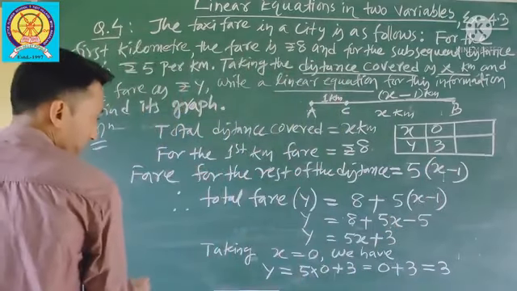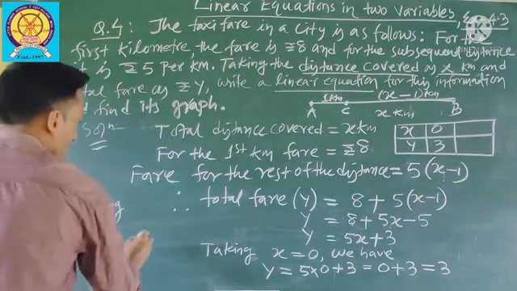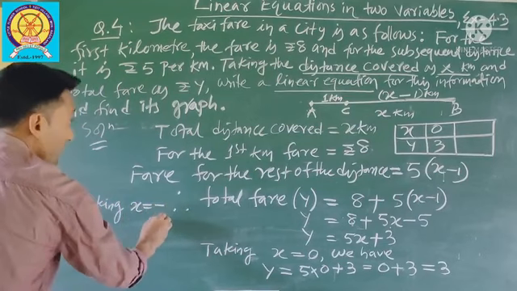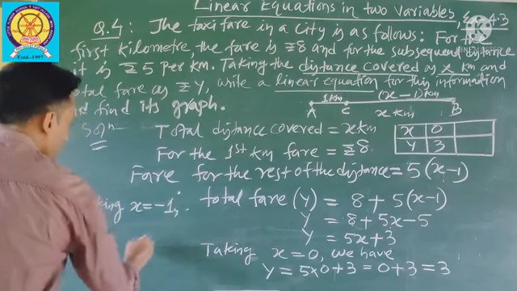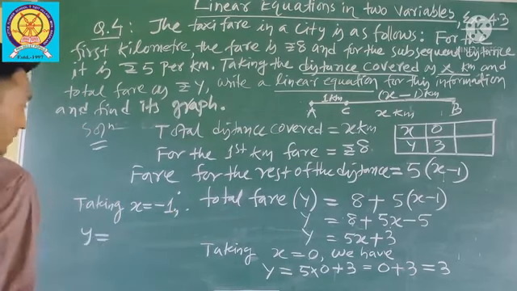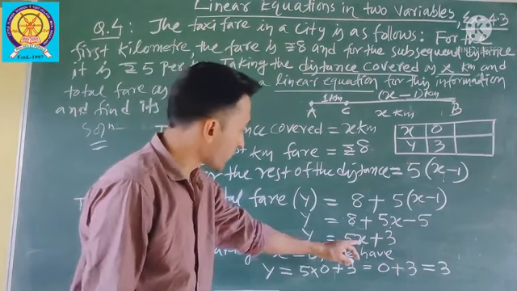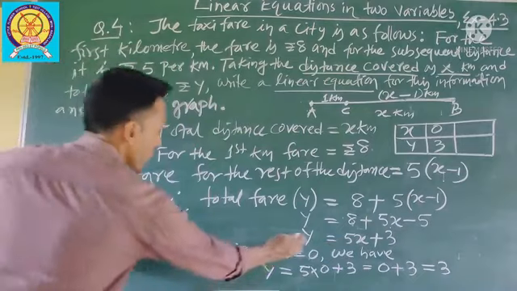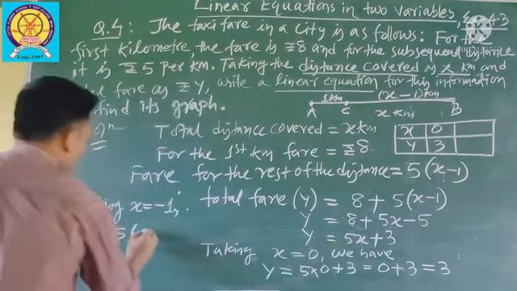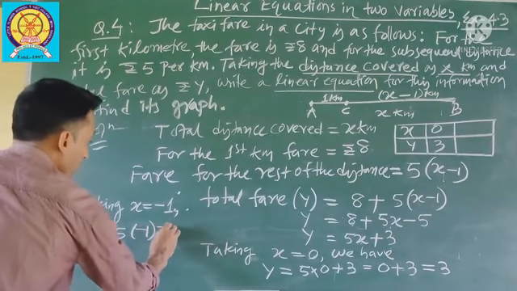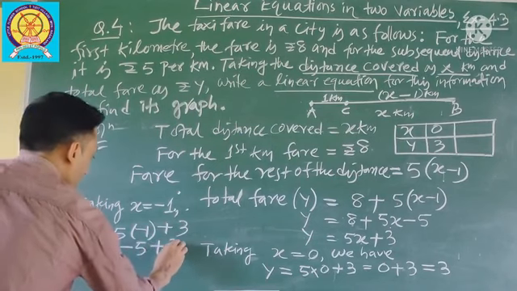Next, taking x as, for example, minus 1. At that time, y is how much? The x value we now take is minus 1. y equals 5 into x, which is minus 1, plus 3. 5 into minus 1 is minus 5, plus 3.